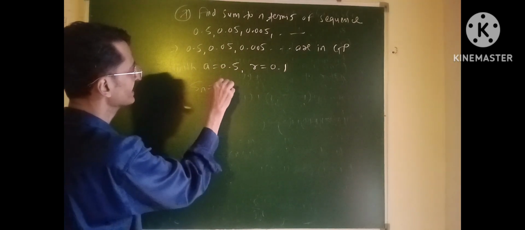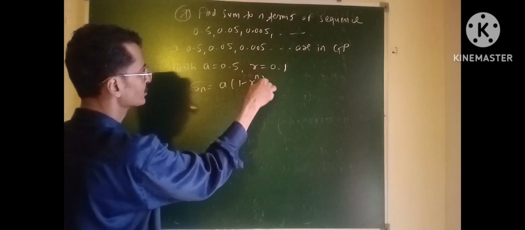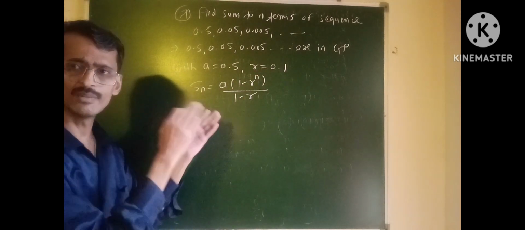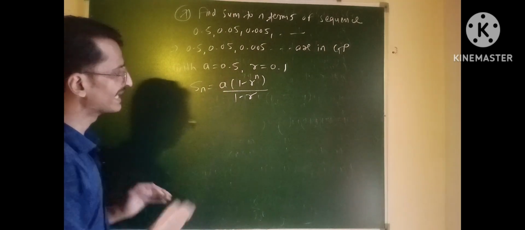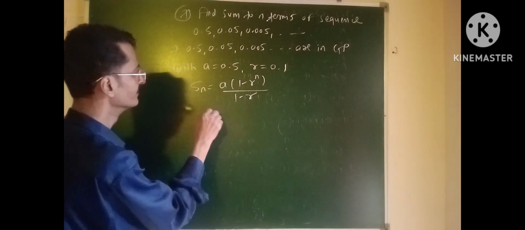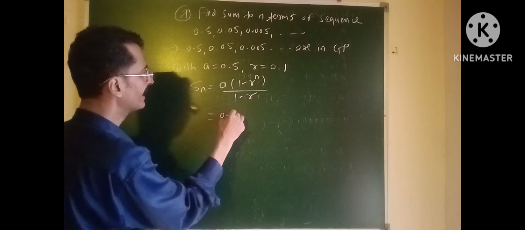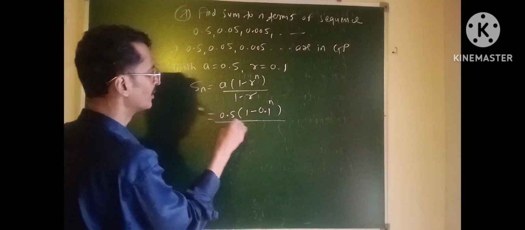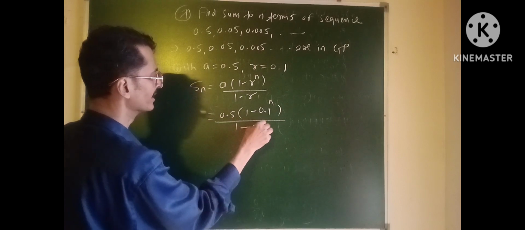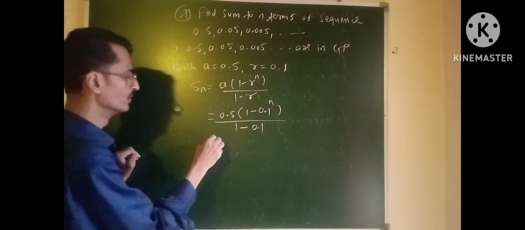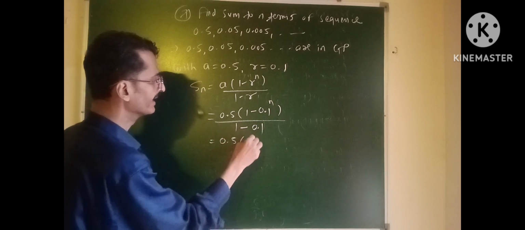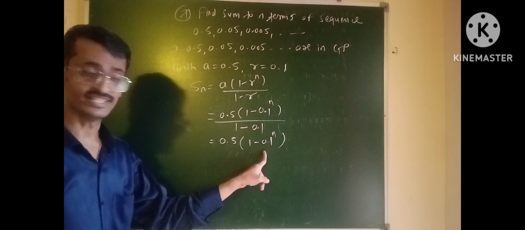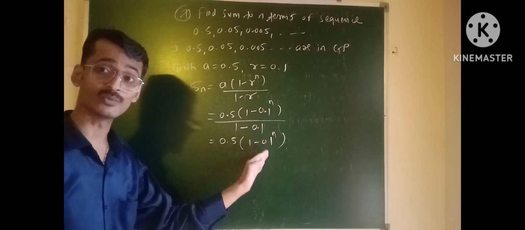So Sn is A into 1 minus R raised to n upon 1 minus R. You can use any one of the two formulas, but here R is less than 1, so let us use this. So A is 0.5, R is 0.1, raised to n upon 1 minus 0.1. So this is 0.5, 1 minus 0.1 raised to n. We cannot subtract this; this is 1 minus 0.1 raised to n.